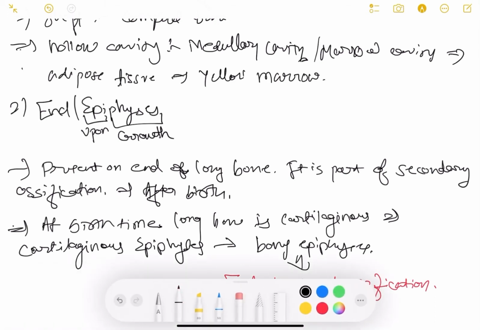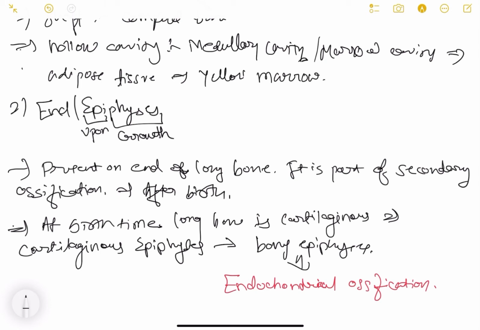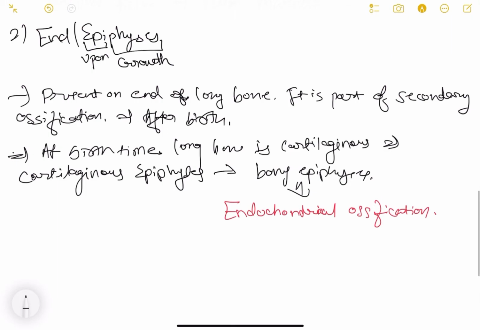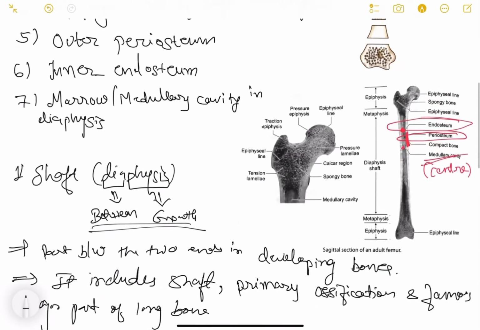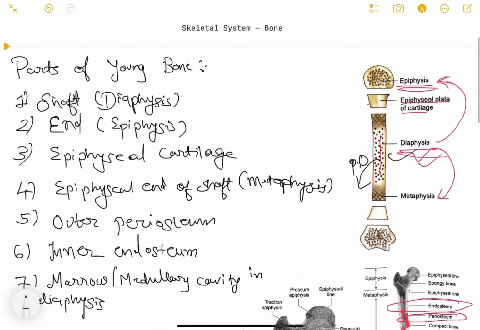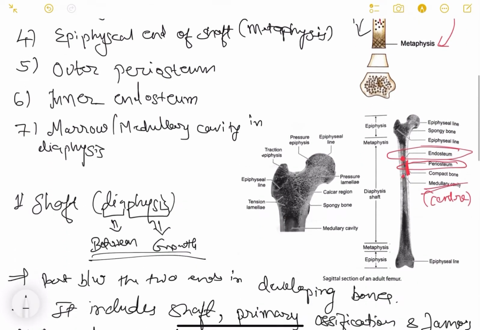During birth time long bone is cartilaginous. After secondary ossification, it leads to bony epiphysis, means cartilage converts into the bone, and that type of ossification is known as endochondral ossification, which takes place in the end, that is epiphysis, this one. Endochondral ossification here, primary ossification.